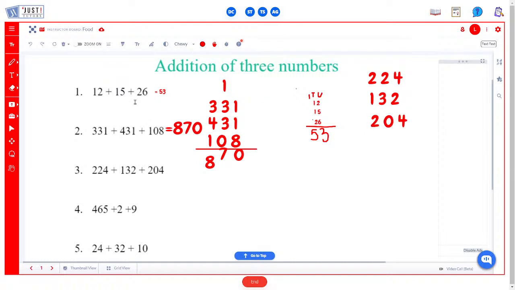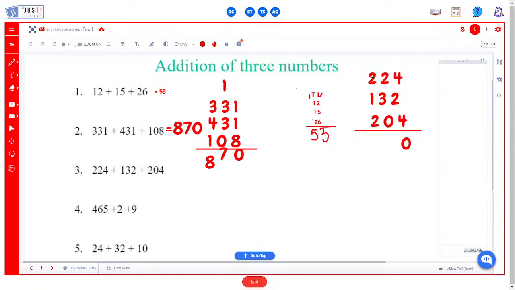These three numbers we have to add. So let me draw a line. 4 add 2 is 6, add 4 is 10.